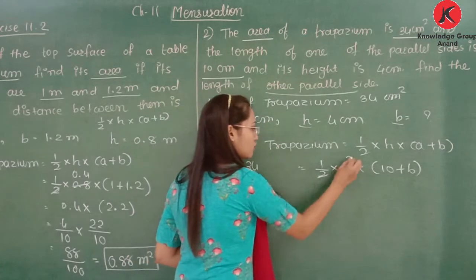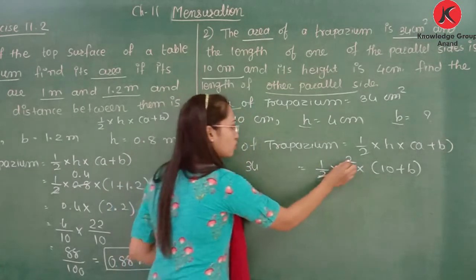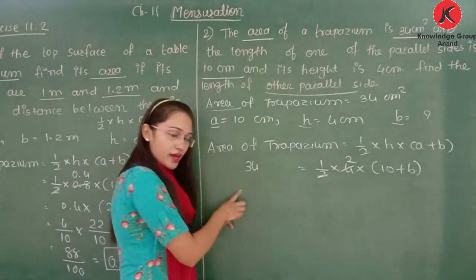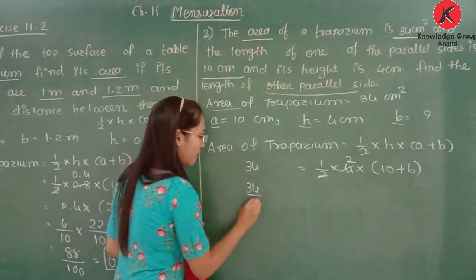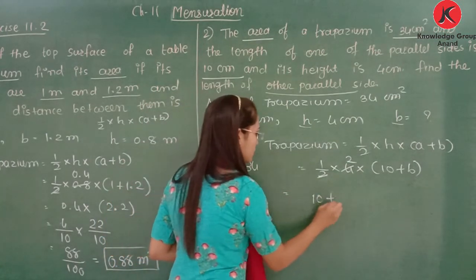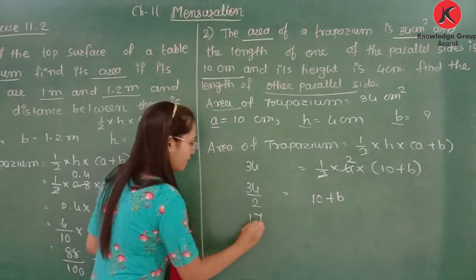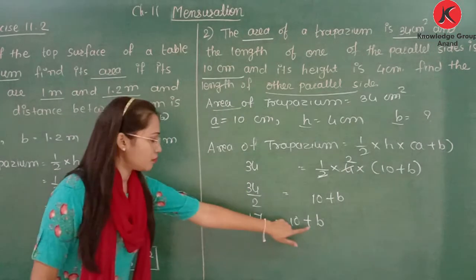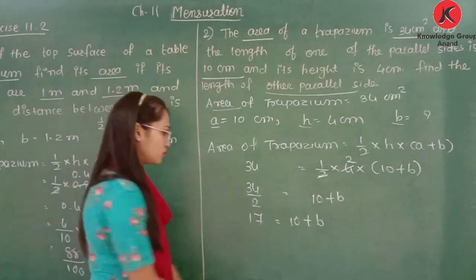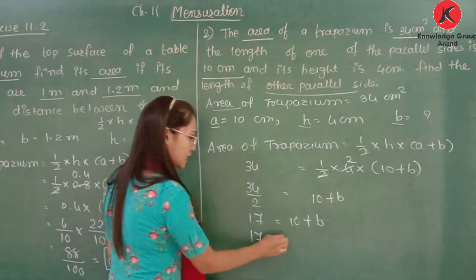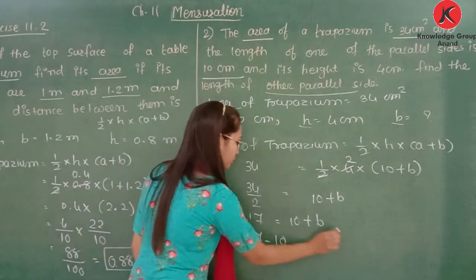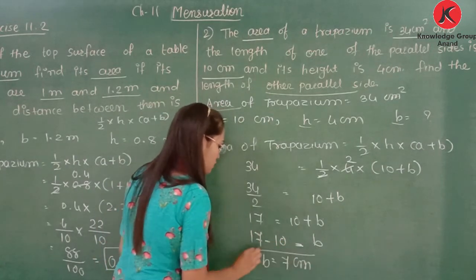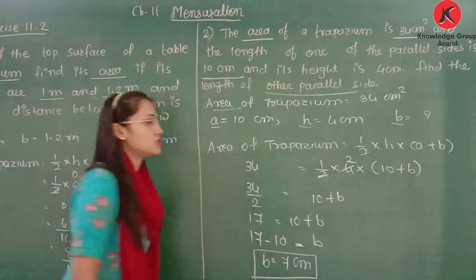Here we can cancel this out. Now the 2, that is in a multiplication, on the left side we need to take it as a divide. So 34 divided by 2 is equal to 10 plus b. So that is 17 is equal to 10 plus b. Now to find b, take 10 to the right side. That will be subtraction because 10 is in addition. So b is equal to 7 centimeter. That is the length of the other parallel side.